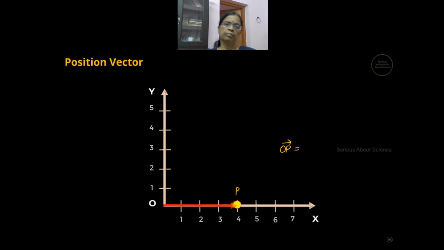That is, I can write it as 4 I cap. Since it is along the x-axis, there is no y component, or you can write it as plus 0 j cap. And if you want, we can also write it as 0 k cap. It is not necessary every time to write these 0 terms, so simply we can denote it by 4 I cap. That is the position vector.